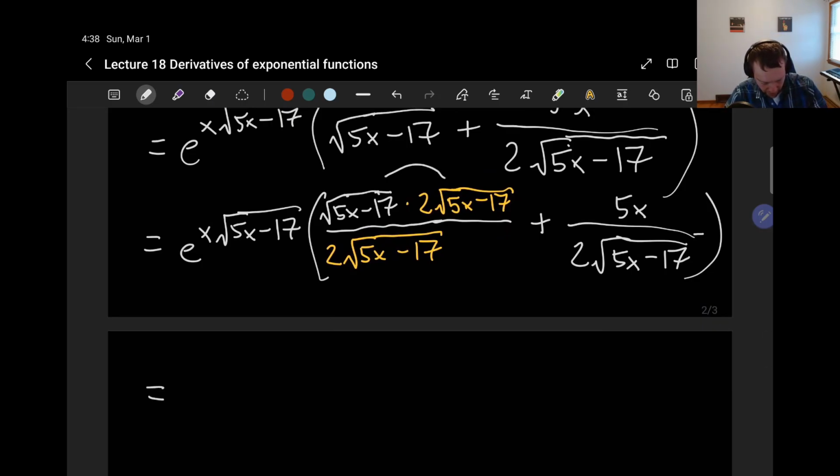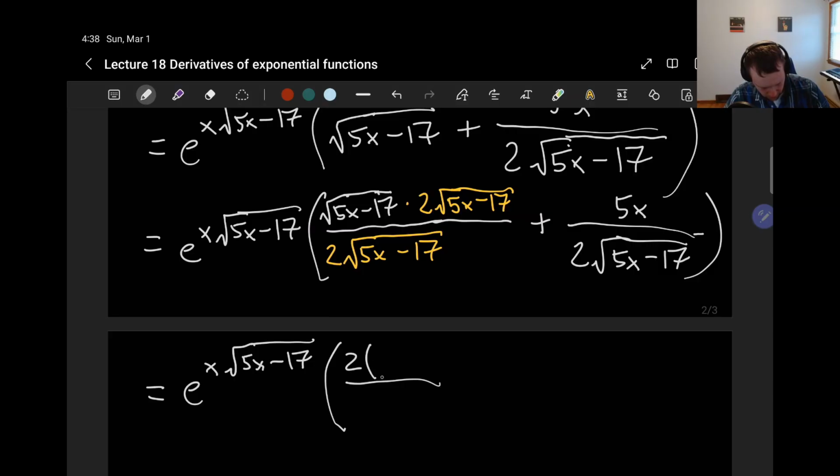Well, this is pretty nice. Notice that I'm multiplying this square root by itself. So the square root actually goes away up there. And don't forget this times 2 that we have. So a 2 times, now no more square root.